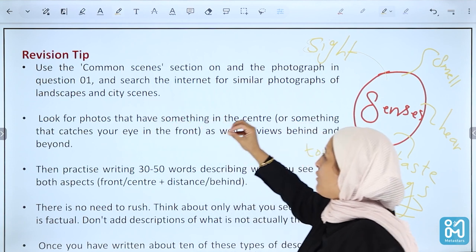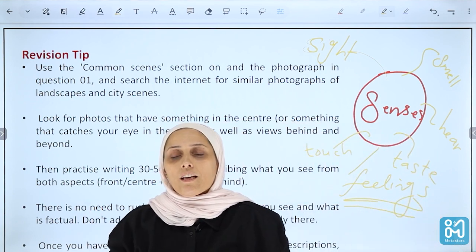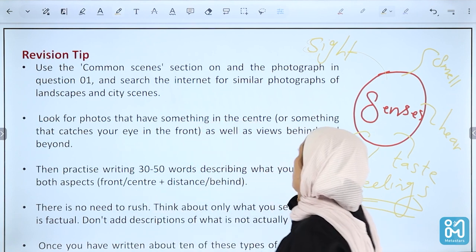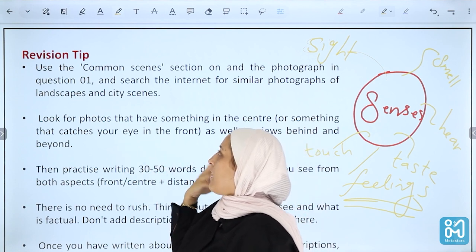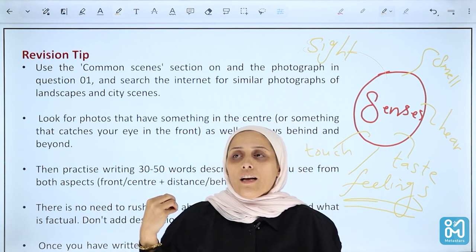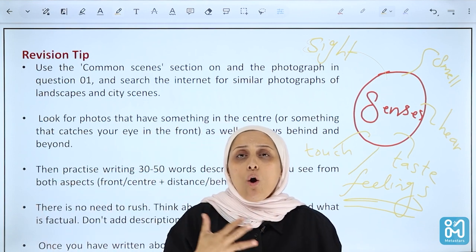It's very important to work hard and prepare yourself before starting to practice the photo card, like by searching the internet for photographs of landscapes and city scenes, and searching for activities, sport, shopping, traveling, all these themes.